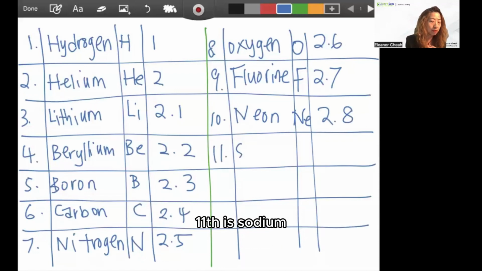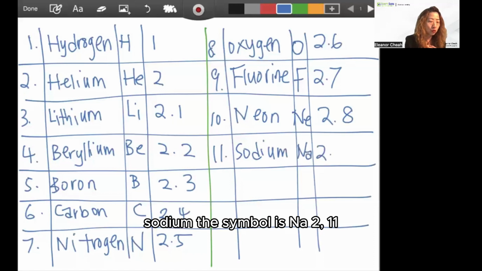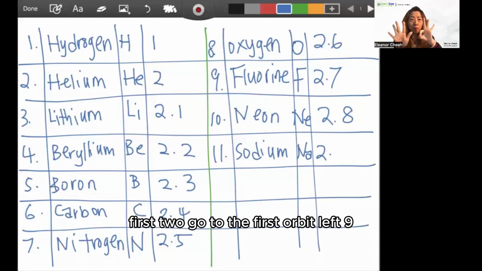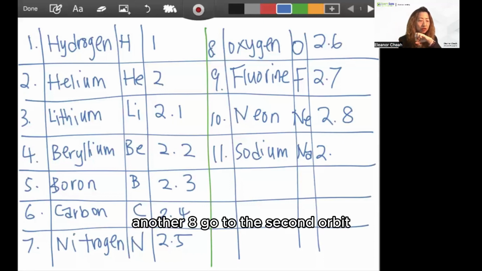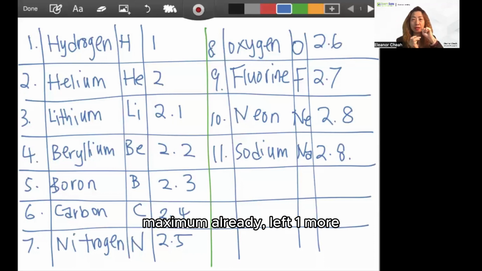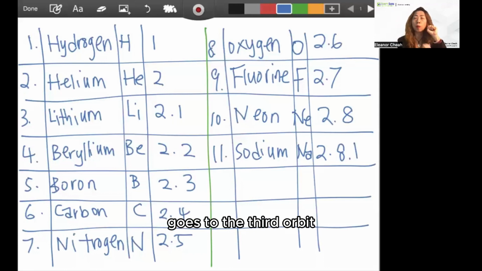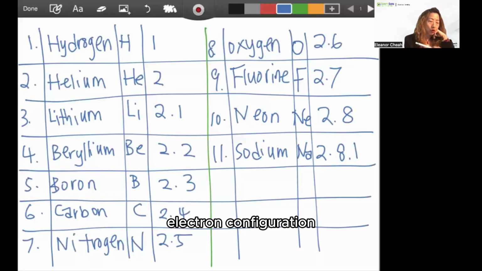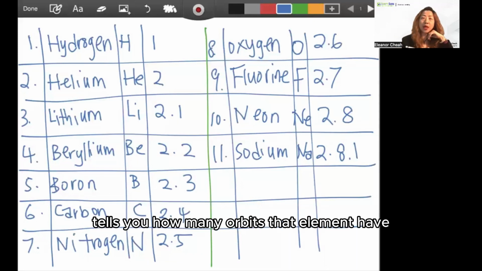11 is sodium. Sodium, the symbol is Na. 11, okay, this is interesting. 11, I don't have enough fingers. Okay, the first 2 go to the first orbit, left 9. Another 8 go to the second orbit, maximum already, left one more, so it goes to the third orbit. That means sodium has 3 orbits, 2.8.1. So the electron configuration tells you how many orbits that element has.